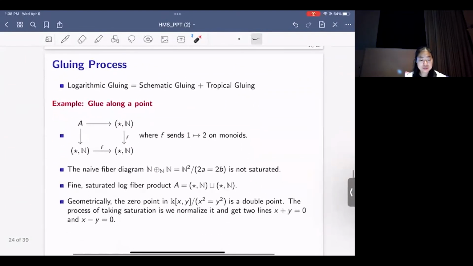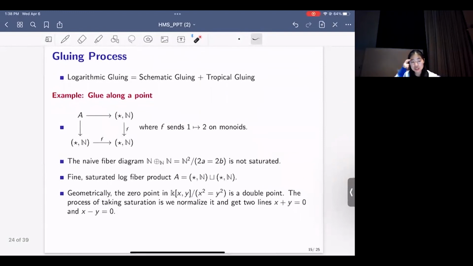So let me give an example to show why the logarithmic fiber product is different from a schematic fiber product, by looking at the easiest example, the fiber product of points. If we glue two points along a point, we know the schematic fiber product is always a point.